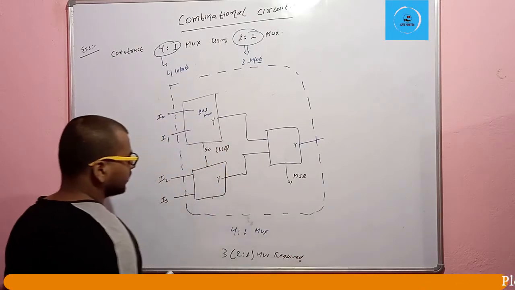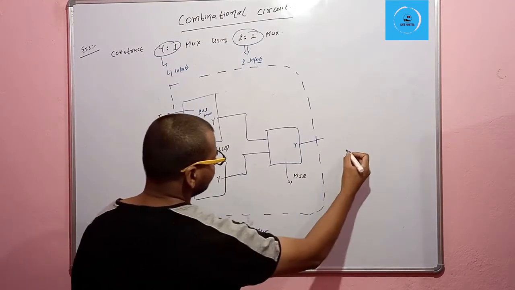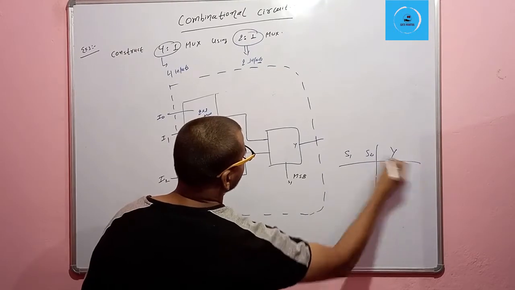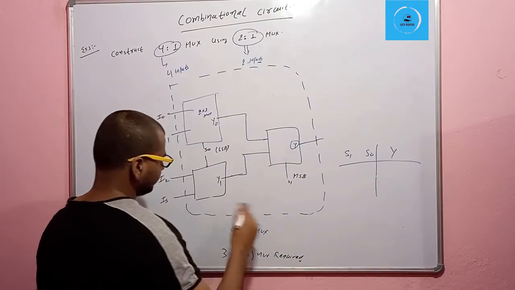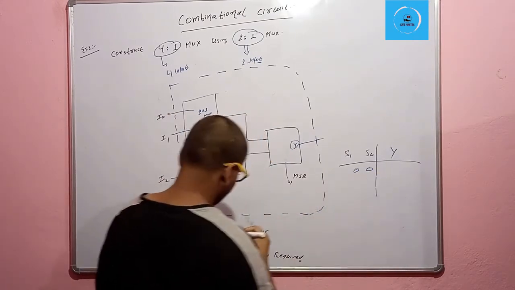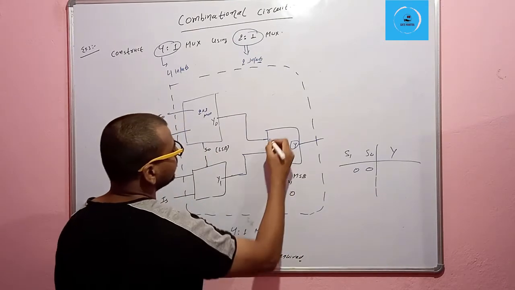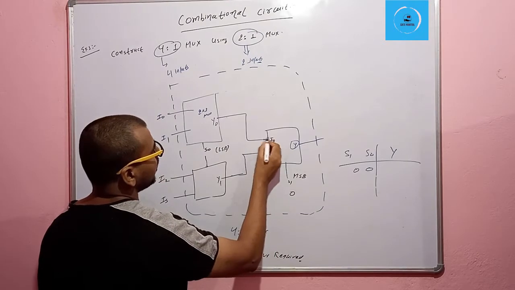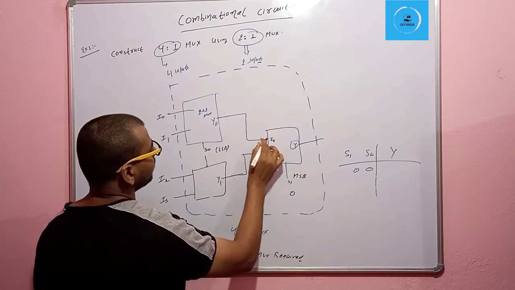So let's see how it's working. For S1, S0, and the outputs we can say y0, y1 and y. So for S1, S0 equal to 0, 0, when we provide 0, it will select the first line, I0.